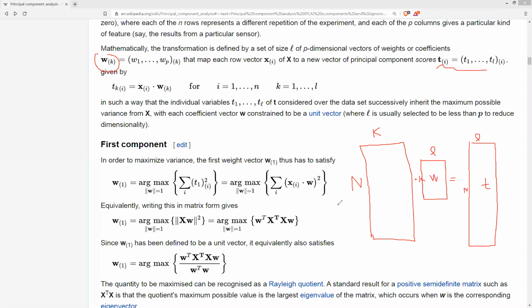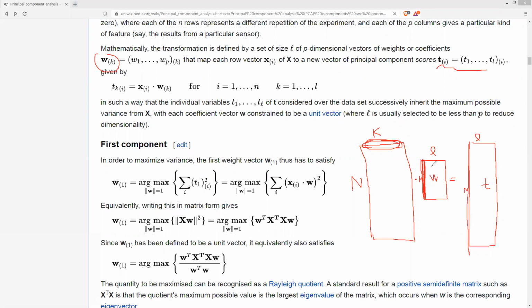So in principal component analysis, what we do is find this W. Each of these columns is basically a linear combination of these k vectors, right? By finding this, we first find a linear combination of the k to generate the first principal component.